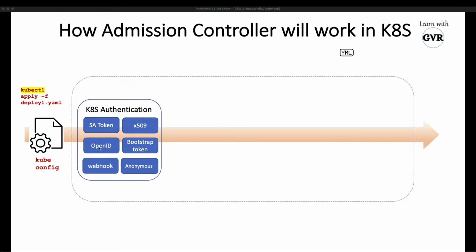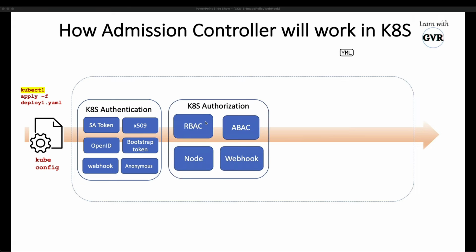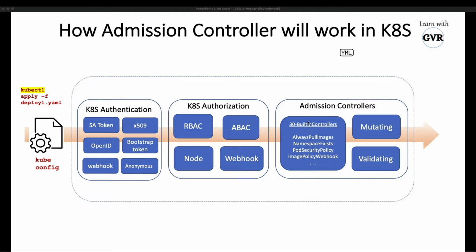Whenever you run kubectl apply on a deployment YAML file, it passes through the authentication mechanism. Second is authorization, either RBAC, ABAC, Node or Webhook. After that, the admission controller comes into the picture. So first the authentication phase, then the authorization phase, then the admission controller phase, before storing into etcd.